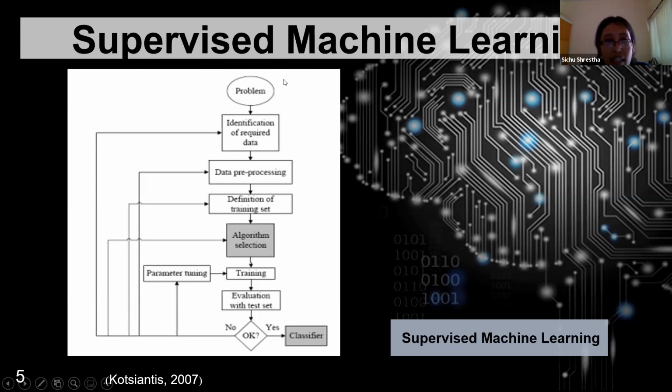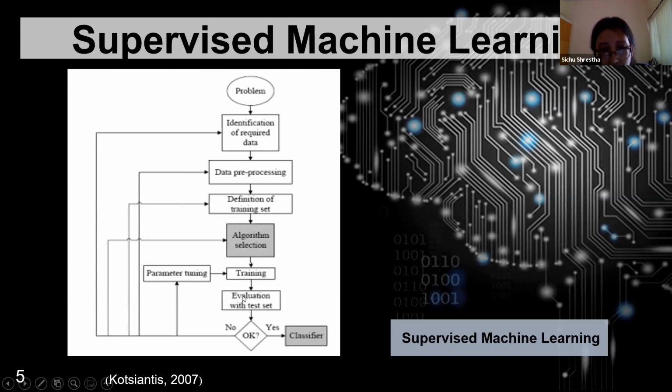In this graph, we can see a general workflow of supervised machine learning. When there is a problem, we need to identify the required data for the problem, and then we need to pre-process the data. The data should be divided into two types: training data set and testing data set. The training data set along with the algorithm or classifier that we use is used to develop the model, and the testing data set, using various validation approaches, is used to evaluate the model.